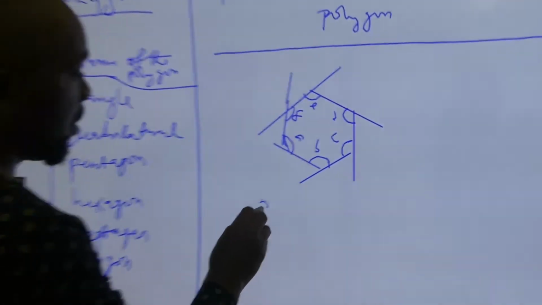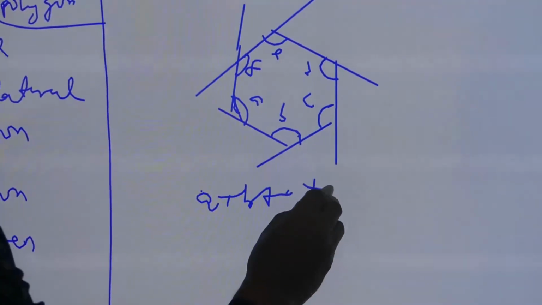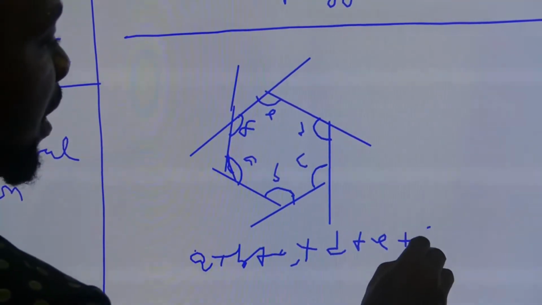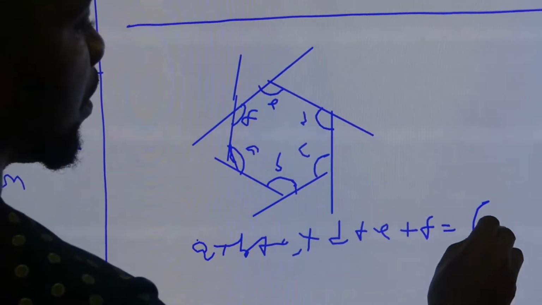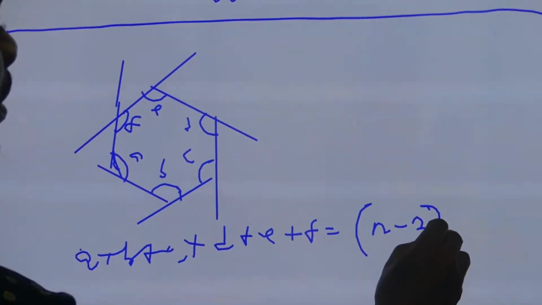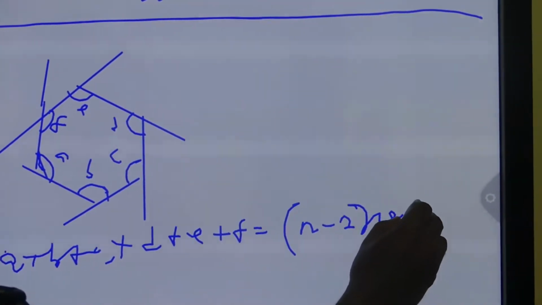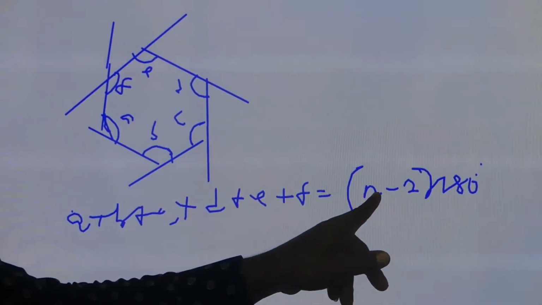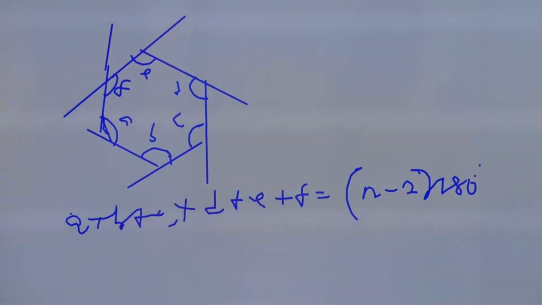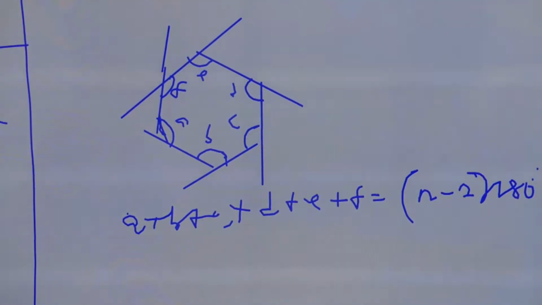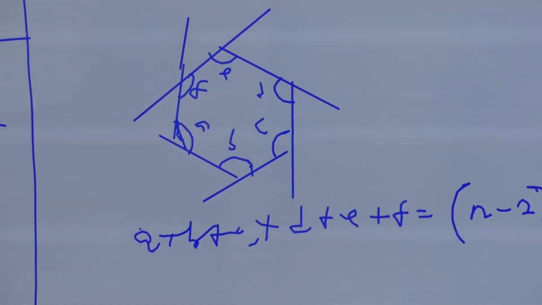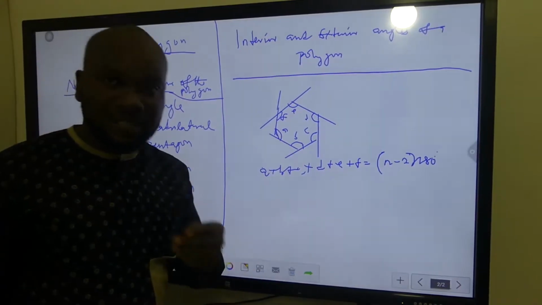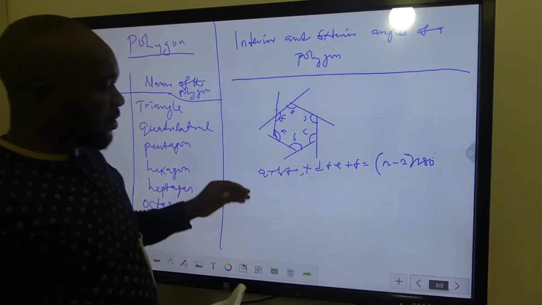Sum means A plus B plus C plus D plus E plus F is equal to (n minus 2) times 180 degrees, where n represents the number of sides of that polygon. If you look at this, how many sides are there? 1, 2, 3, 4, 5, 6. Six means hexagon.